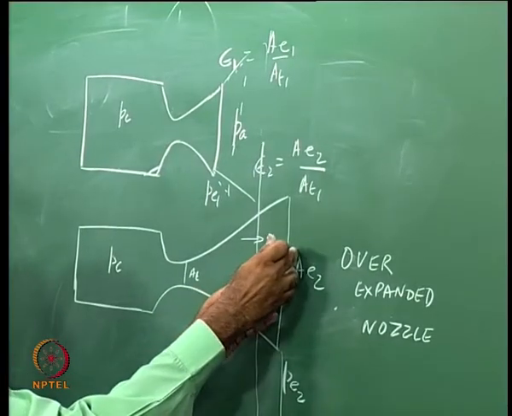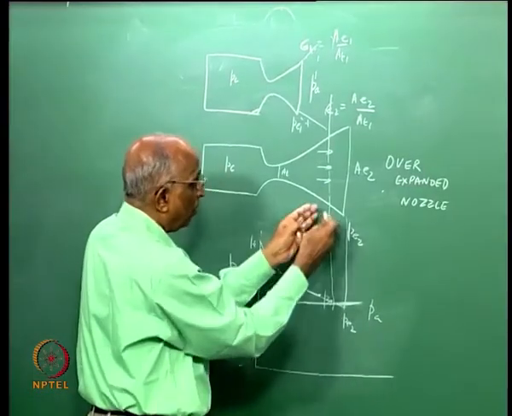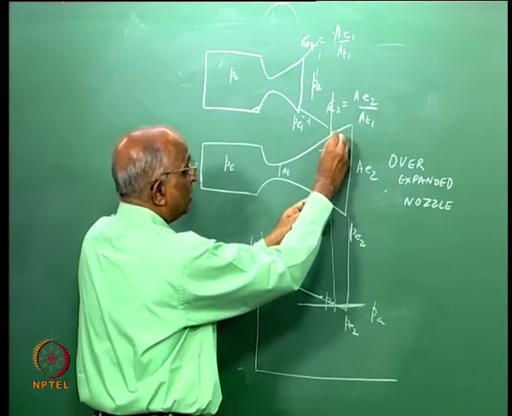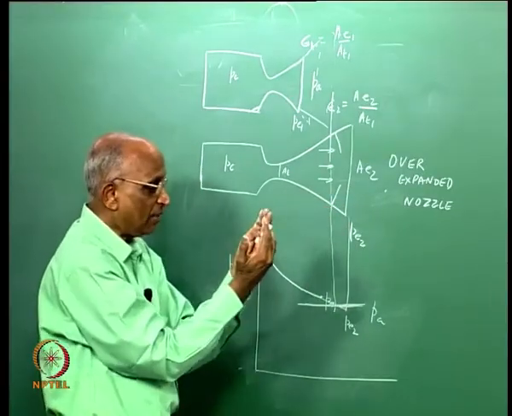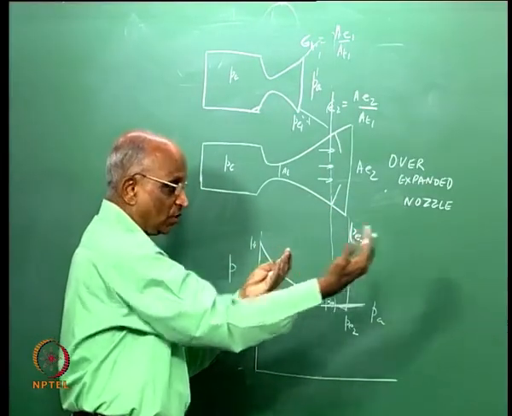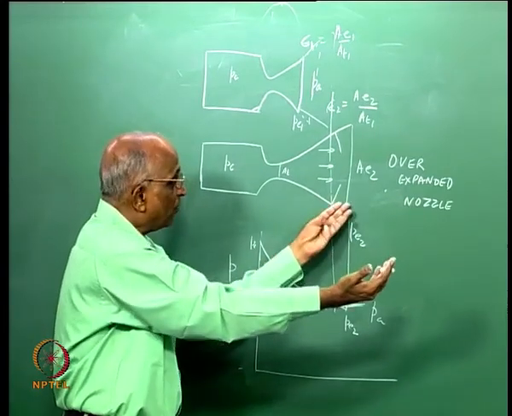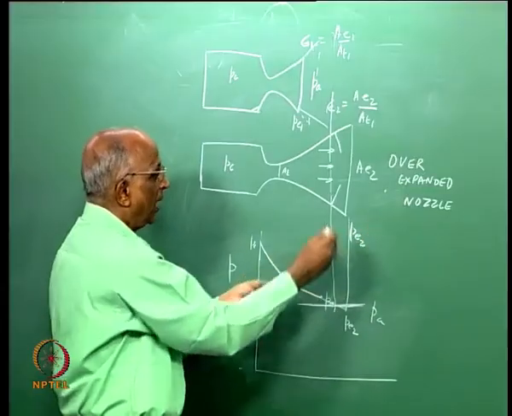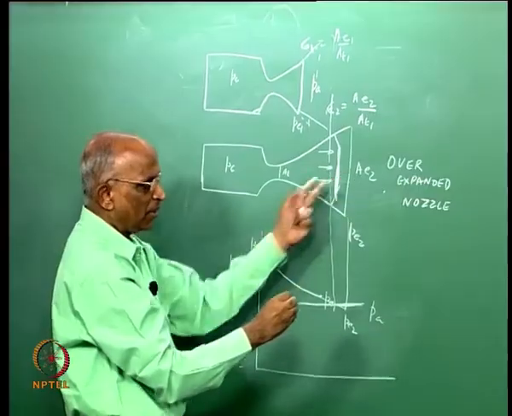All of a sudden the supersonic flow finds a higher pressure because it has already been expanded to a lower pressure, and therefore it is necessary that something like a shock stands over here. That means I have supersonic flow, it is not able to see anything before it, but all of a sudden when the flow reaches, it sees a higher pressure, and therefore something like a shock is required to match the exit pressure.